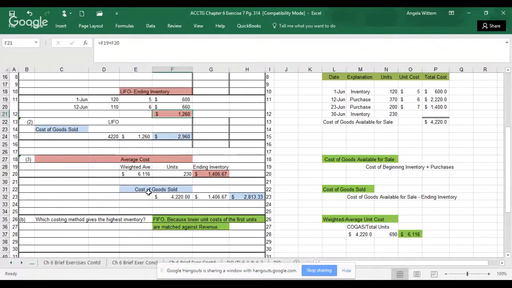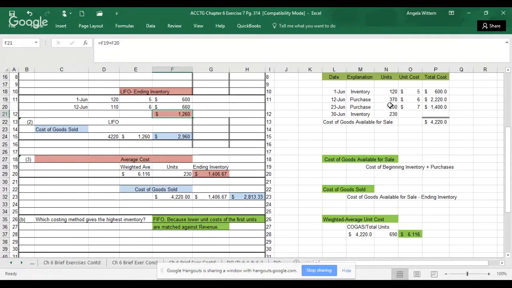Now, average cost is based on the total amount of units we have and the total amount of cost associated with those units. So we have, for the ending inventory, 230 units. The total cost we have here, I divided 4,220 by the actual amount of units we have, less ending inventory.